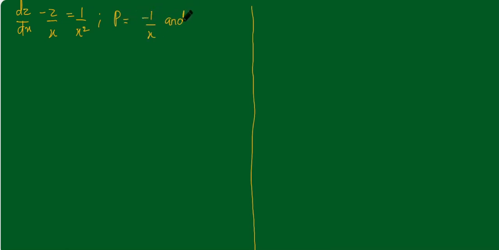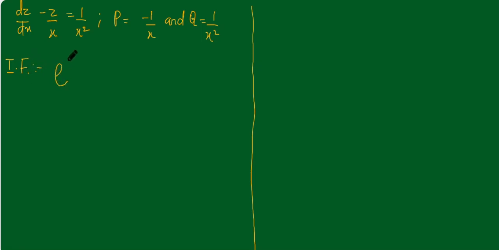So now we have dz/dx minus z all over x is equal to 1 over x squared. Now we have our p to be equal to minus 1 over x, and our q is equal to 1 divided by x squared.